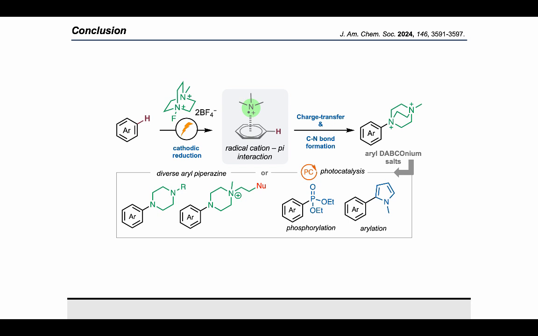In addition, we have established the synthetic utility of aryl dapconium salts as precursors to generate various aryl piperazines and as aryl radical precursors in a tandem photocatalytic carbon-hydrogen phosphorylation and arylation of small molecule pharmaceuticals, representing their potential for future development in the area of selective arene carbon-hydrogen functionalization.